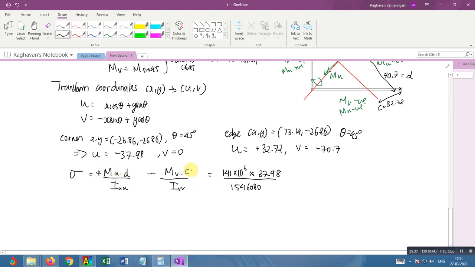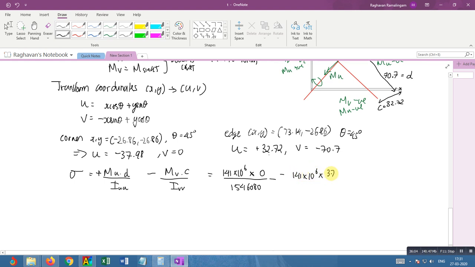So here d is 0, so mu into d by Iuu is 0, minus mv, which is 141 into 10 power 6.